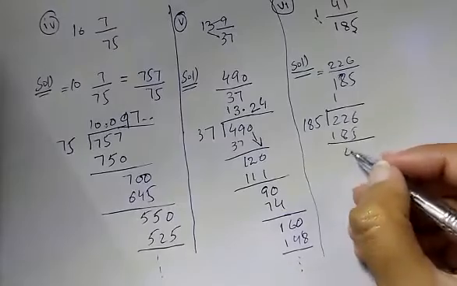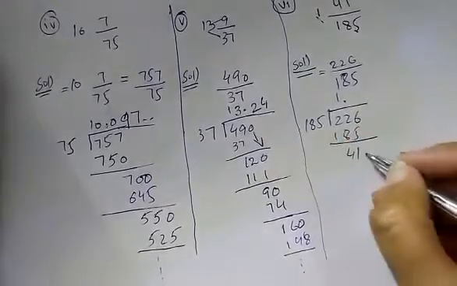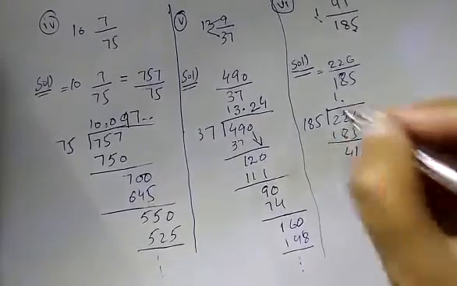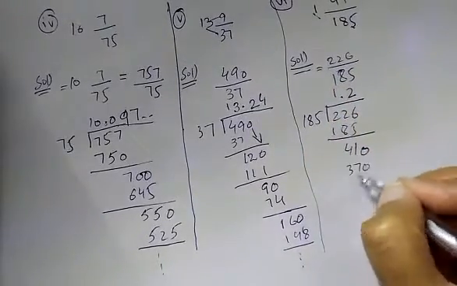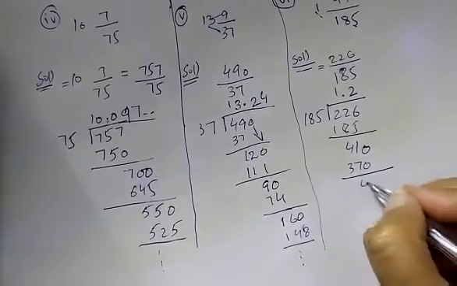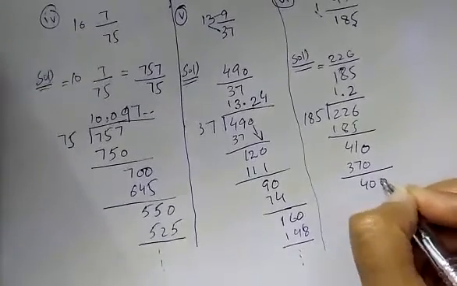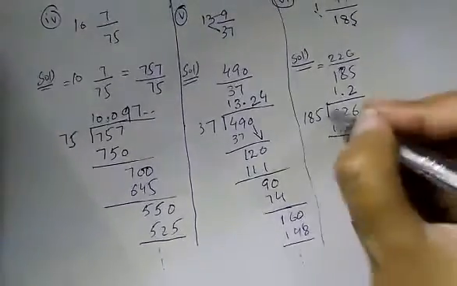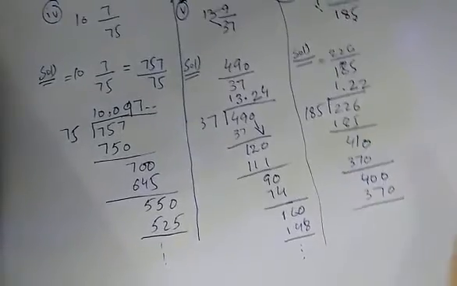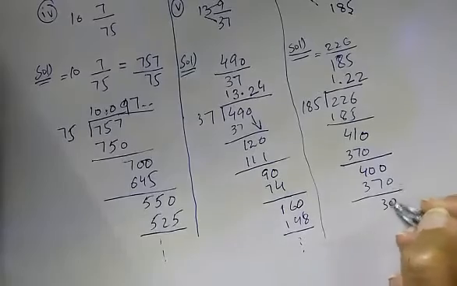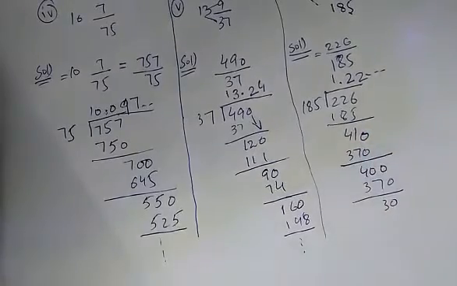Next, 41 is the remainder. We can place here a point. Here comes a 0. 185 2s are 370. Now again it is 30, and this answer goes on.